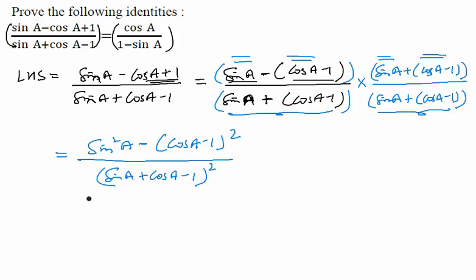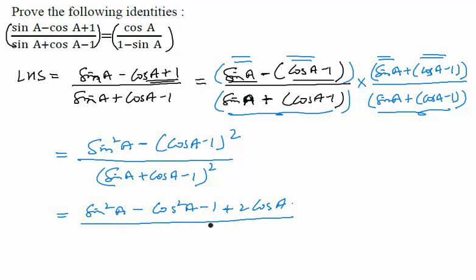So let us open these brackets and simplify further. You will get sin square a minus cos square a minus 1 plus 2 cos a in the numerator. This is what you will get because of the minus sign.